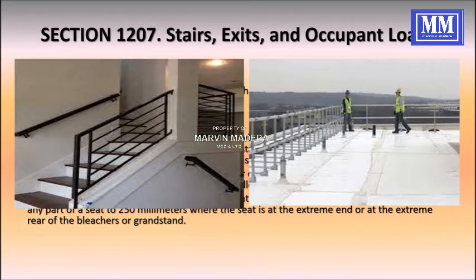While for guardrails, they are used on a platform or flat surface where people will not be able to continue. It could be present in rooftops or in grandstands, serving its purpose to prevent people from going through that part of the building.